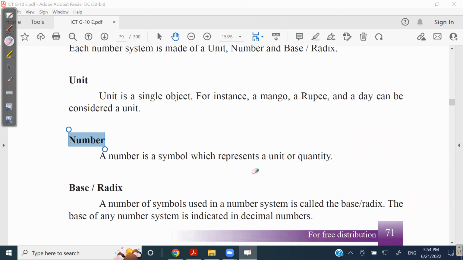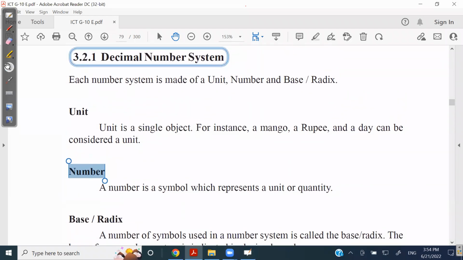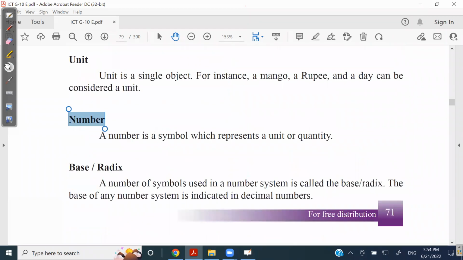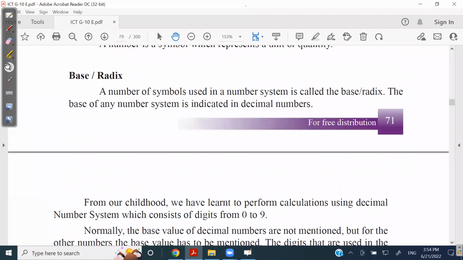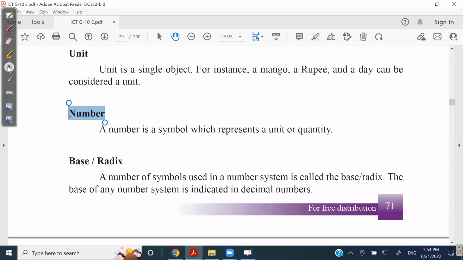I will highlight the things so you can go with that. We'll write this regarding all the number systems.